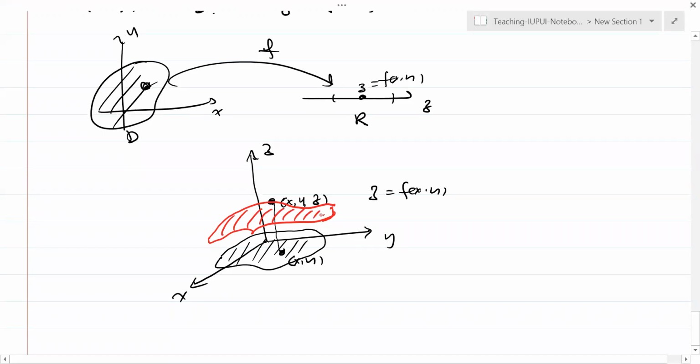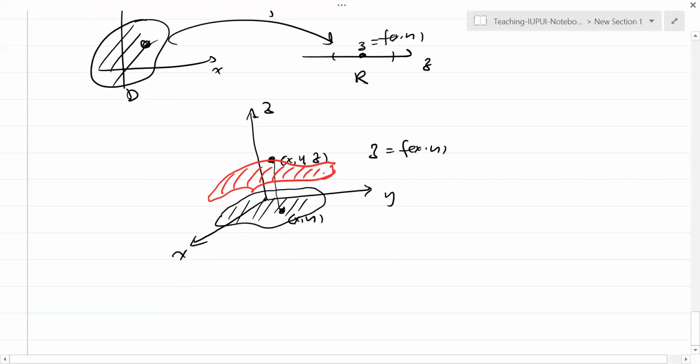This set is usually a surface in three-dimensional space, and that is called the graph of the function f. So you can visualize it.